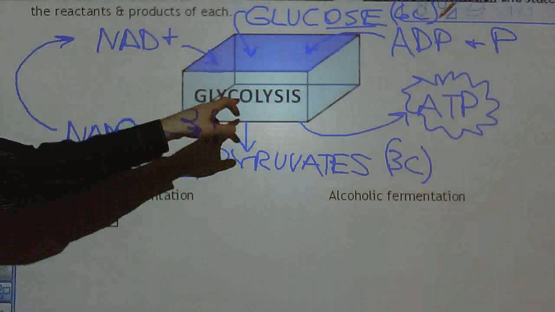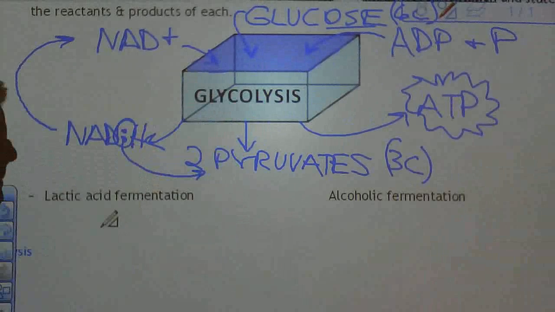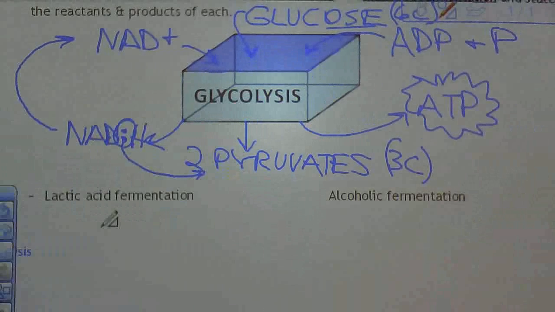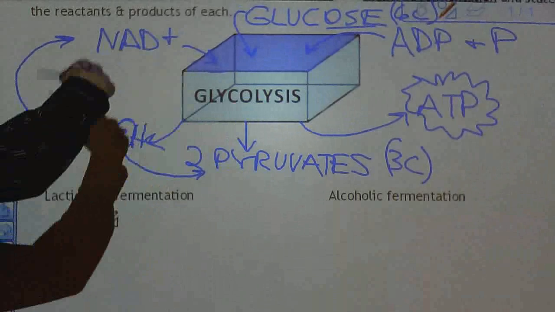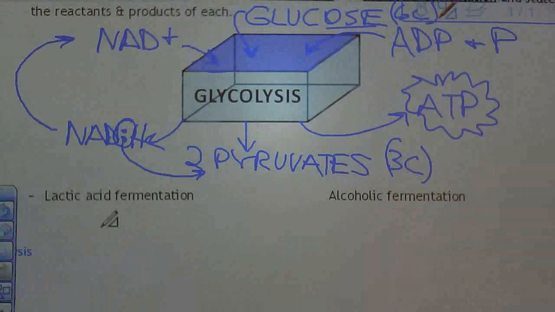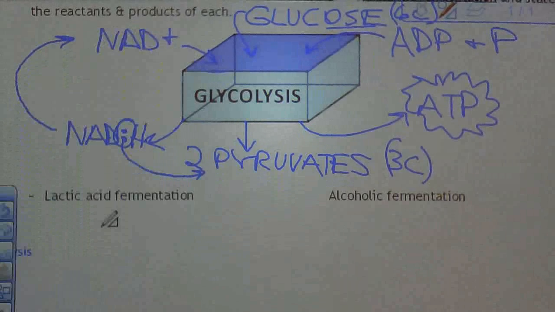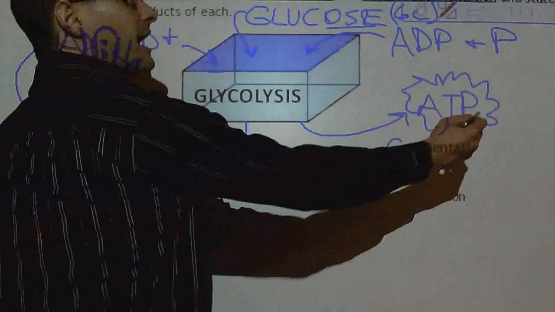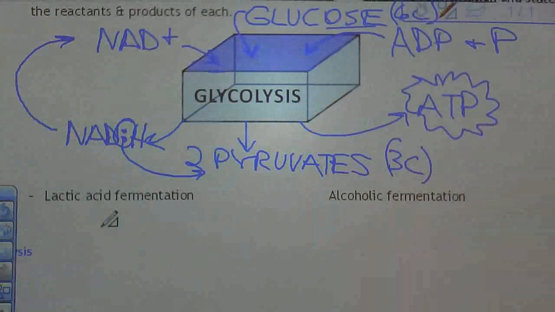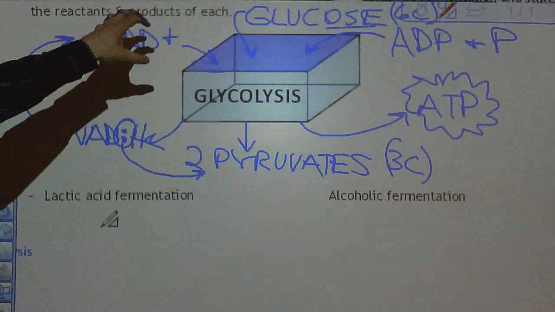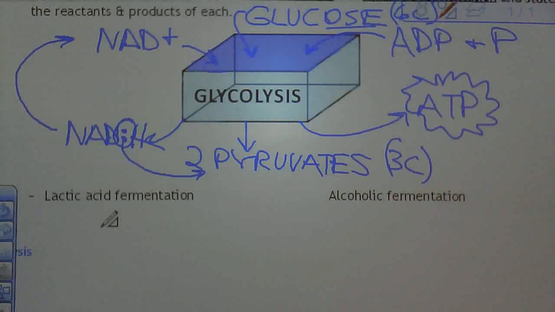It's going to get rid of electrons there, put them onto NADH. NADH is going to give its electrons to pyruvates, and these electrons keep cycling back and forth from glycolysis to fermentation. And then NAD+ will come back, pick up more electrons, and keep going. So this is kind of how fermentation provides energy, not directly, but through the process of providing glycolysis with the stuff so that it can continue, because NAD+ gets used up pretty quickly.